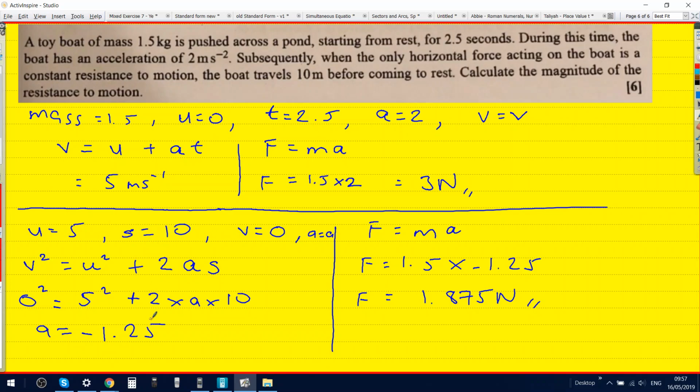SUVAT again to get a, then sub that a into F = ma. You can tell it's going to be a SUVAT one, and just keep finding stuff that you can until it starts to make sense. Any questions? No. It makes sense that a is negative because it's slowing down.